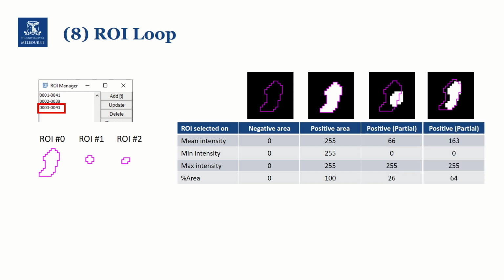If the cells end up sitting partially on our selection, the average intensity within this selection will be somewhere between 0 and 255, and the minimum intensity will be 0, and the maximum intensity will be 255. And the area fraction will also be somewhere between 0 and 100. So depending on how we want to define a positive cell, we can utilize different measurements.